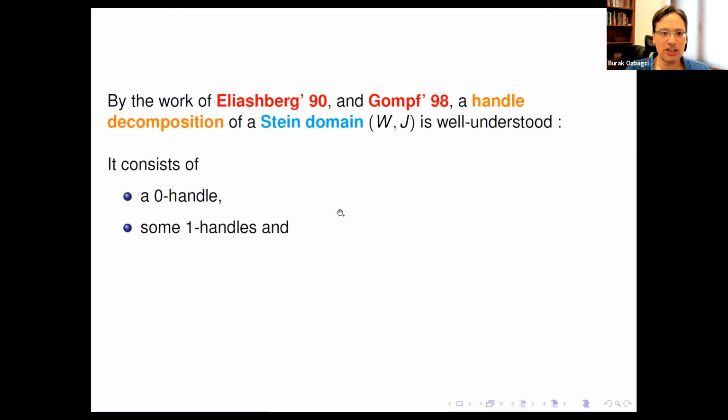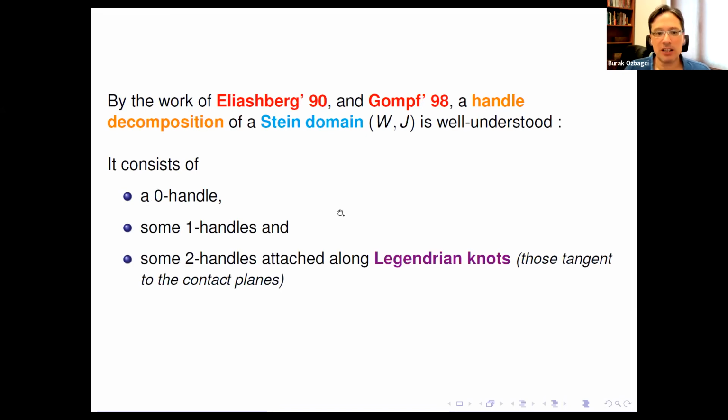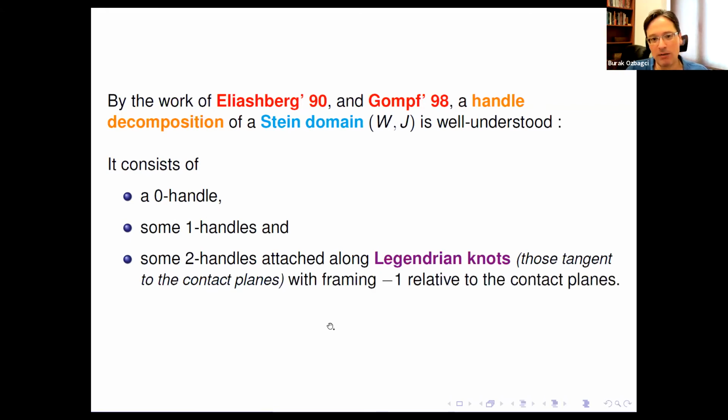There are not too many choices. Then there are some 2 handles attached along Legendrian knots, the knots which are tangent to the contact planes in the boundary of the result of the 0 and 1 handles, with framing -1 relative to the contact planes. This is very well understood, and you can actually draw diagrams which represent these Stein domains.